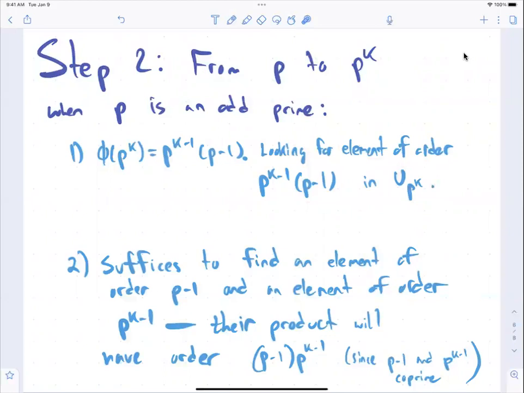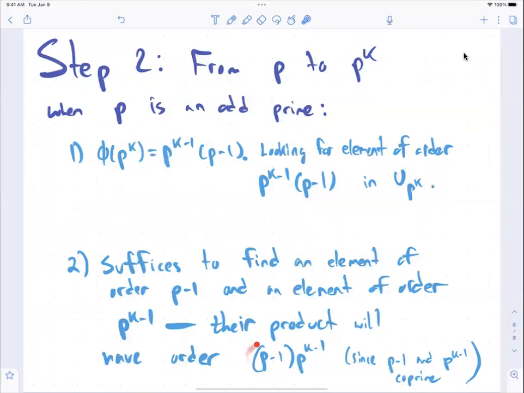If I'm trying to produce such a thing, well, I could use a trick. If I want to get such a thing, what I really need to do is make an element of order p minus 1 and a different element of order p to the k minus 1. And then when I multiply them together, their product is going to have order p minus 1 times p to the k minus 1.